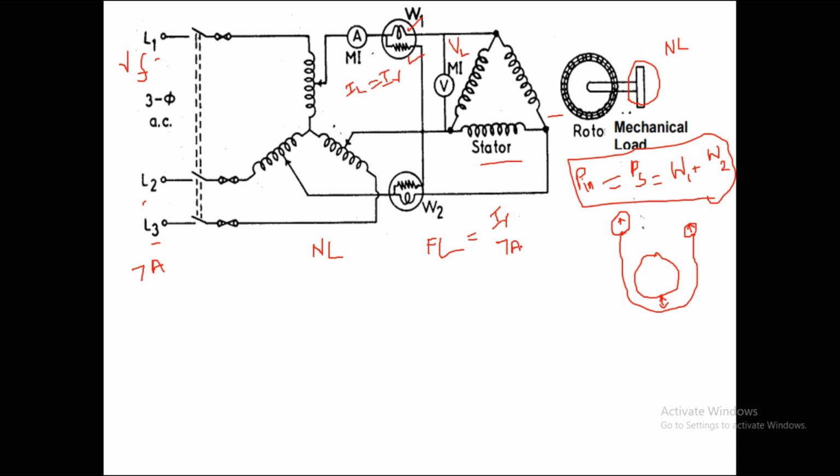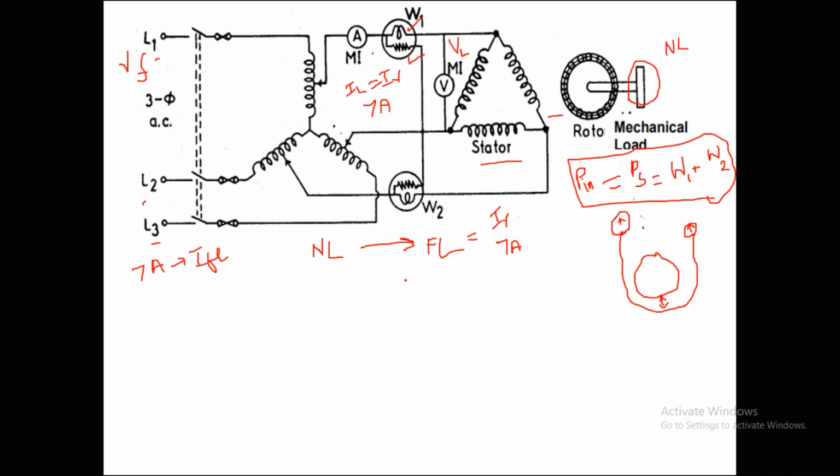So we have to operate the machine until this ammeter reads 7 ampere. This is nothing but the full load current. This is also called the rated current and also the full load current. So we are operating the machine starting from no load till it reaches the rated current, that is the full load condition. We are going to gradually increase the load from no load until it reaches 7 ampere.